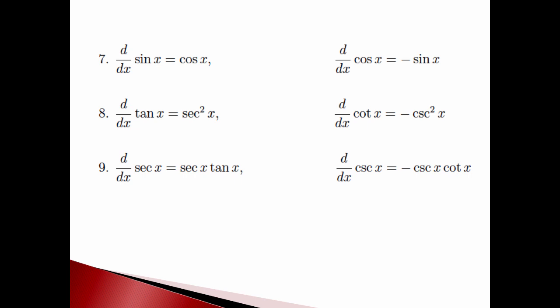So the derivative of cotangent is negative cosecant squared, instead of the derivative of tangent, which was just secant squared. So all the cofunctions get minus signs and they just get switched around in code, right? So the derivative of secant, instead of being secant tangent, the derivative of cosecant becomes negative cosecant cotangent.